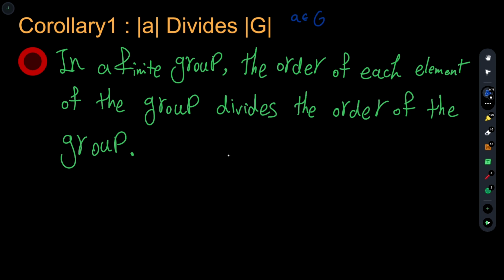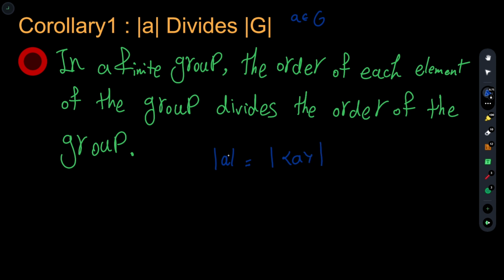To prove that, we just need to remember that the order of an element in our group is actually equal to the order of the group generated by that element in our group.